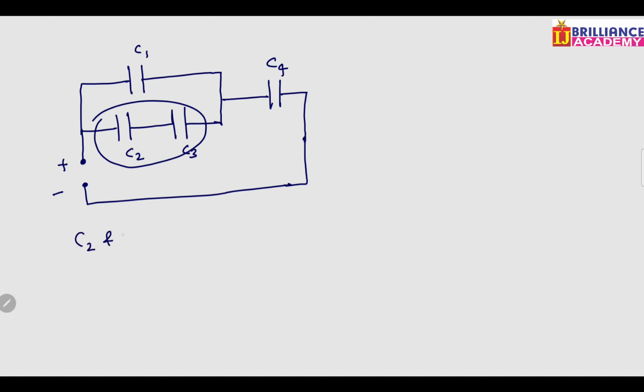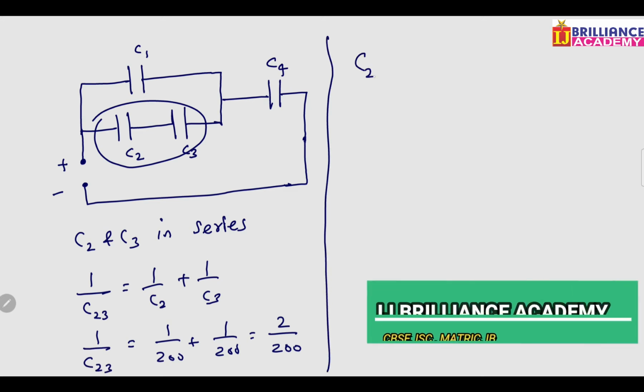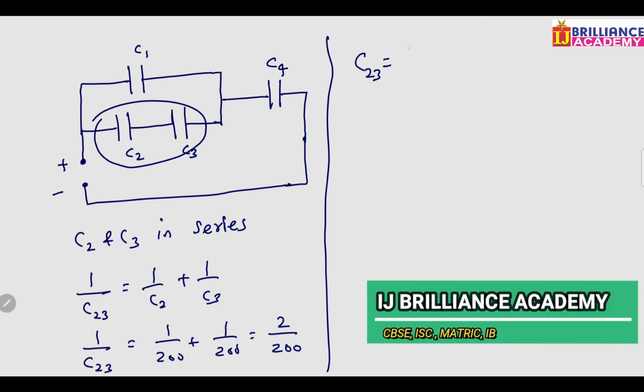So 1 by C23 is equal to 1 by C2 plus 1 by C3, so 1 by 200 plus 1 by 200, which is equal to 2 by 200. This is 1 by C23. So C23 is equal to 200 by 2, which is 100 picofarad.